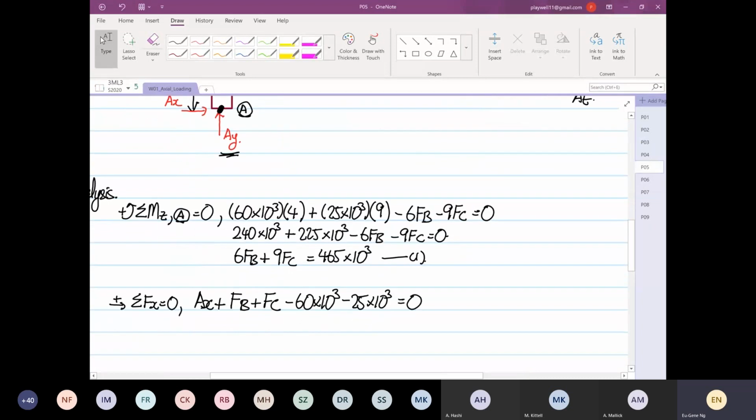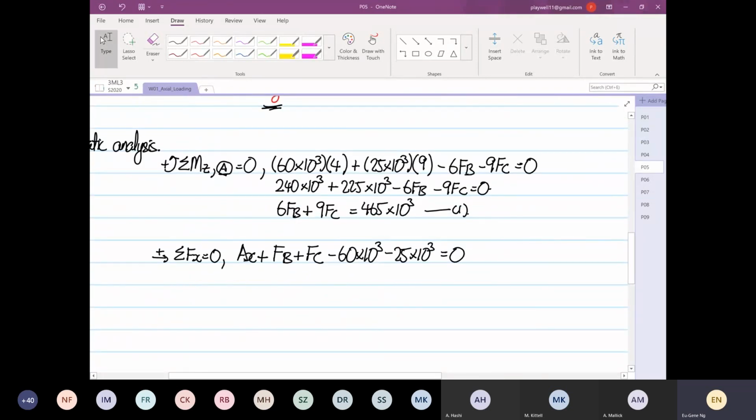Then over here you will have AX plus FB plus FC, and the whole thing will be equal to 85 times 10 to the power 3. So this is equation 2.